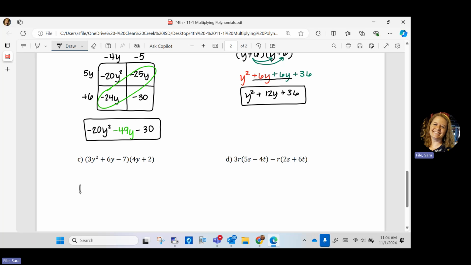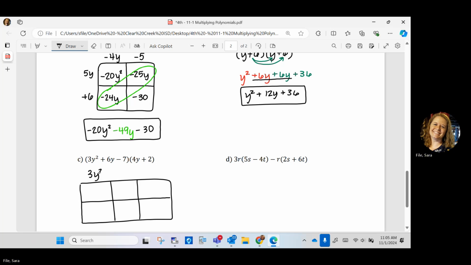And it does not matter if you go 3 across and 2 down, or 2 across and 3 down. The direction of the 3 by 2 doesn't matter. It doesn't matter which polynomial goes down the side and which one goes across the top. It'll work out the same either way. So I'm going to do the trinomial on top and my binomial down the side.